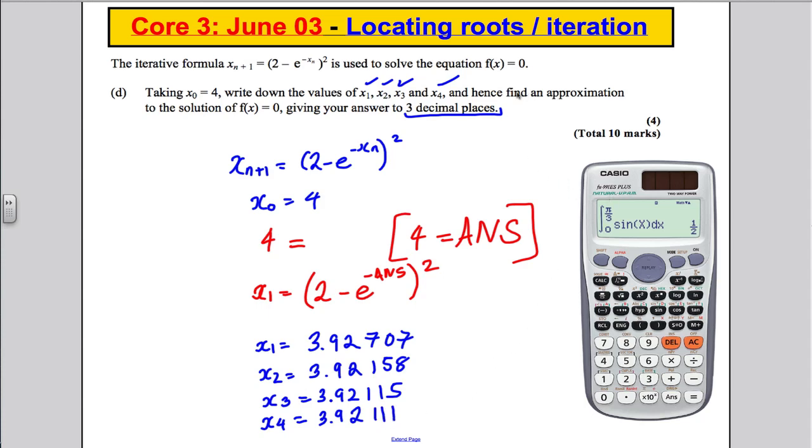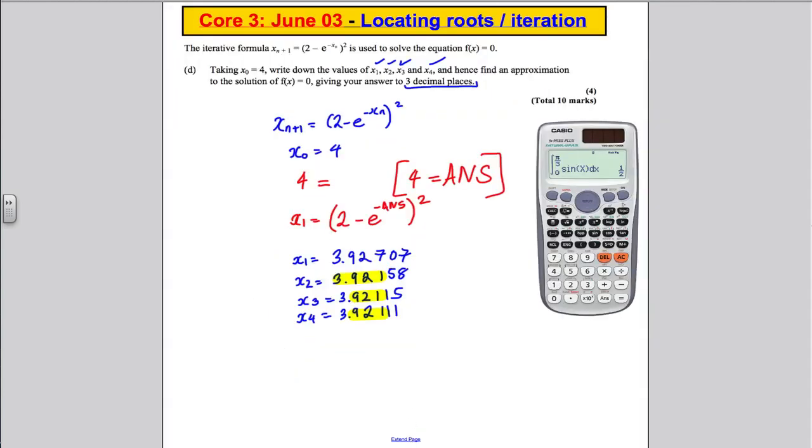Now, it asked you to find an approximate solution to this to 3 decimal places. At this point here, you can see that no longer are these 3 decimal places moving. Look, they're staying the same, staying the same.